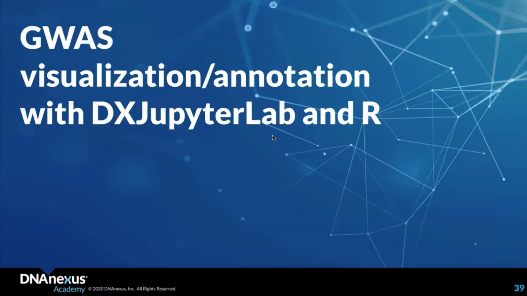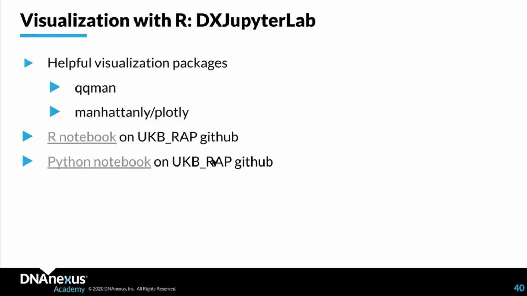So let's talk about bringing our results file into JupyterLab and working with it in R. I'll give you a quick tour before we actually get into the notebook, just to orient everyone to how we're going to go about it. When we're visualizing GWAS data with R, we're going to be using DNAnexus JupyterLab.